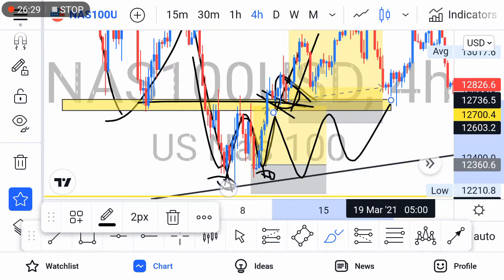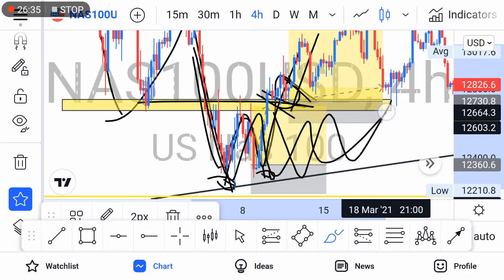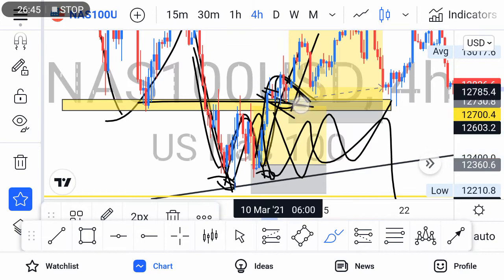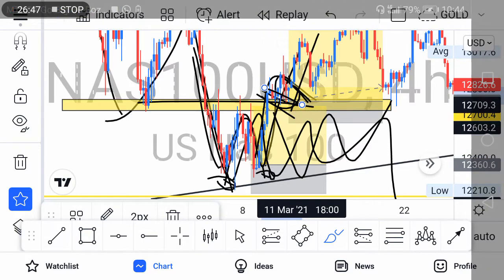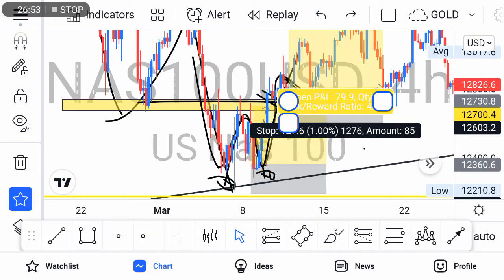So this will be impulse, and this will be a correction. Then it can continue to go to the downside. So that's why we have to wait for price to break here and give us a retest. That's another confirmation that, okay, price is not going to the downside, it is continuing to the upside.